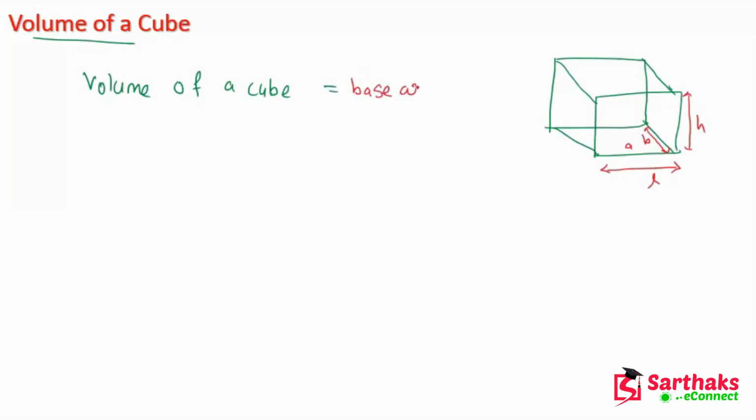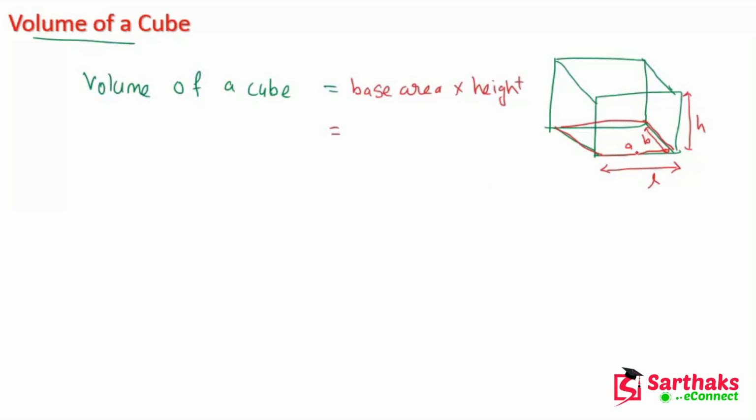The volume of a cube is base area into height. So what is the base area? This is the base of the cube, and the base area is length into breadth.